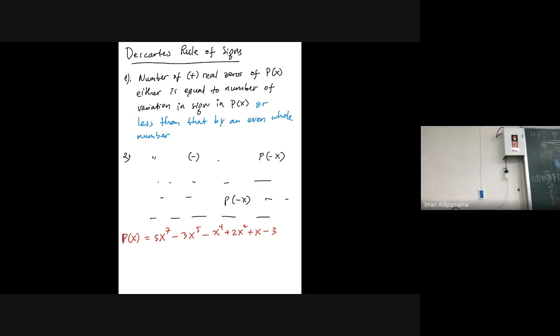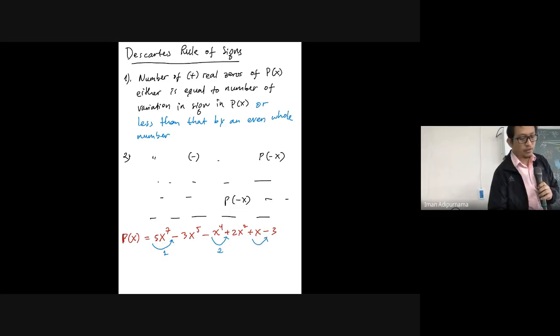How many times does the sign change? This is positive, going here it is negative, so this is one time changing. Then negative to positive, second time. Then from positive to negative, so 3 times it's changing.